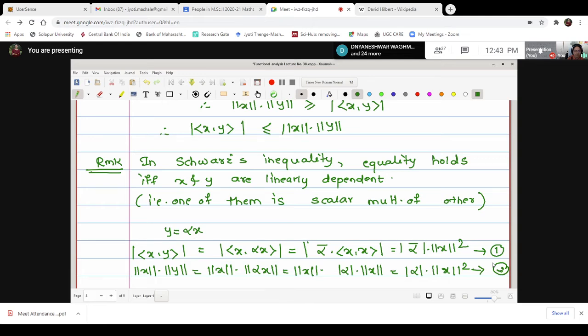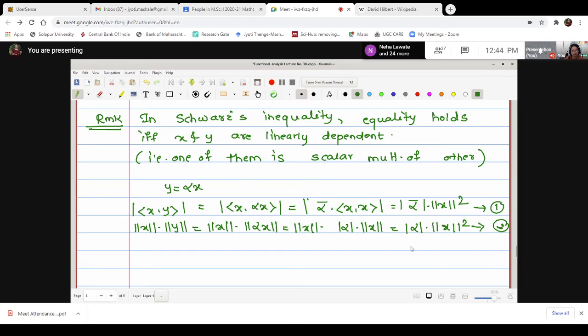What is the relation between the two? Mod z and mod z bar, are the values equal or not? Suppose I take alpha as a plus ib, then alpha bar will be a minus ib.